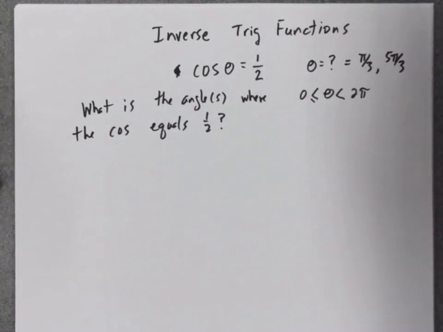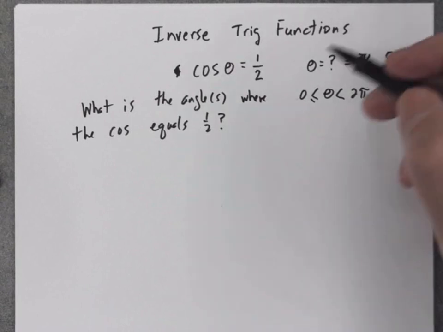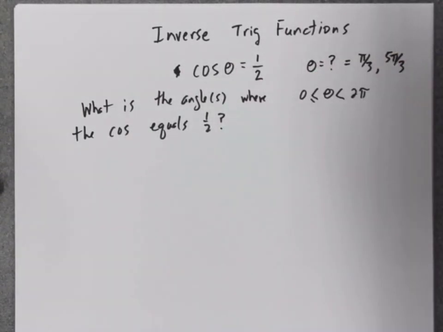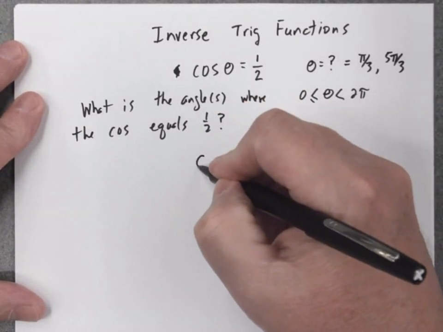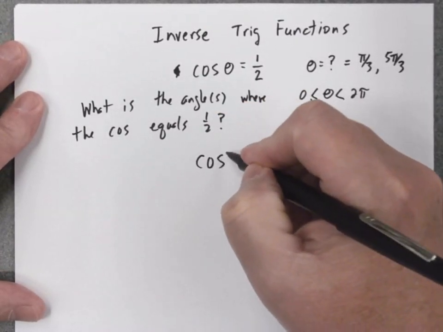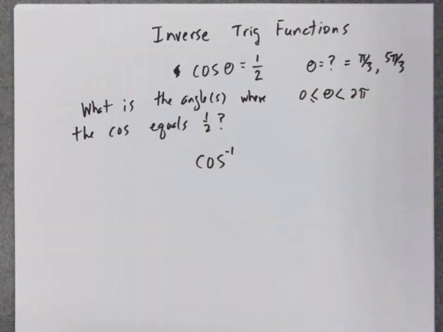Now here's what's interesting. Let's look at the same kind of problem, but in terms of an inverse cosine function. So first of all, an inverse cosine function, you have a cosine, and then up here a superscript. Don't think of it as an exponent. Think of it as a superscript, like a -1.